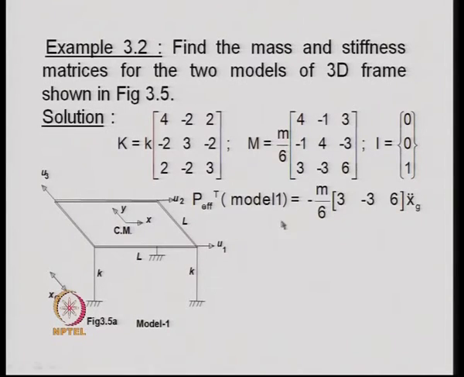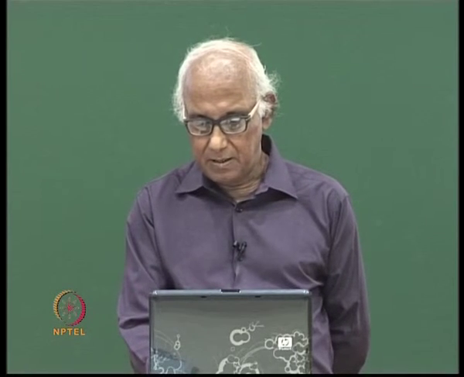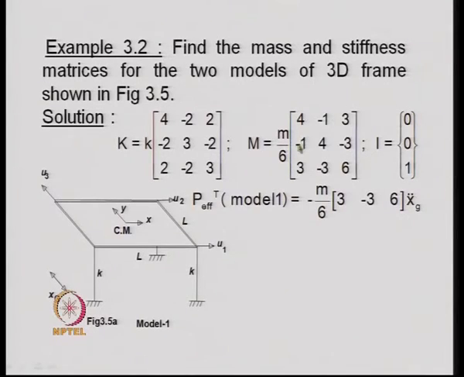However, we will see that in such a situation where the masses are lumped, but there is a coupling between the inertia forces corresponding to all the 3 degrees of freedom, or in other words, the mass matrix over here will not be a diagonal mass matrix.